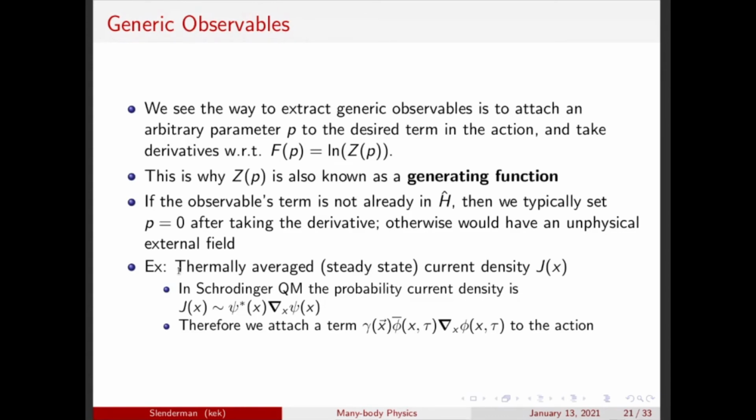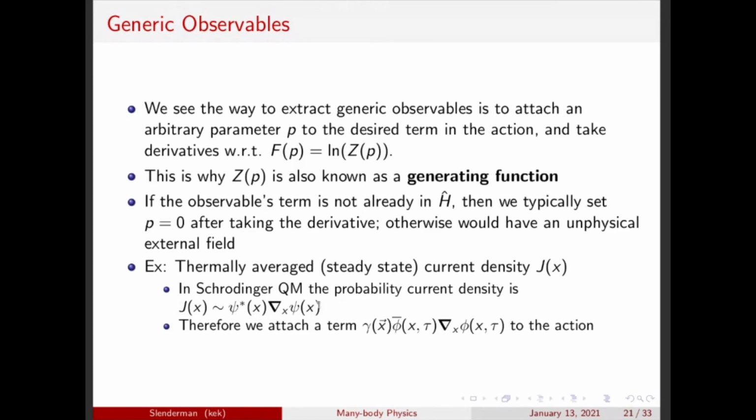As an example, we can talk about the thermally averaged current density. And in Schrödinger quantum mechanics, the current density looks like this, minus psi gradient psi star, I think.